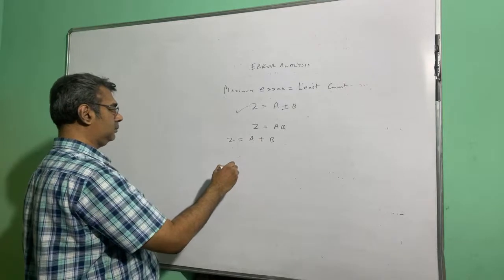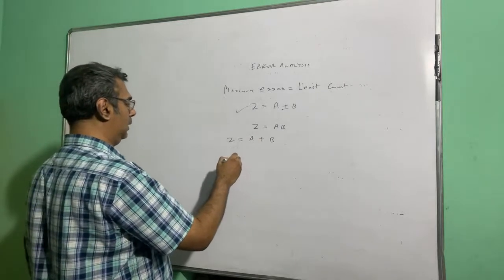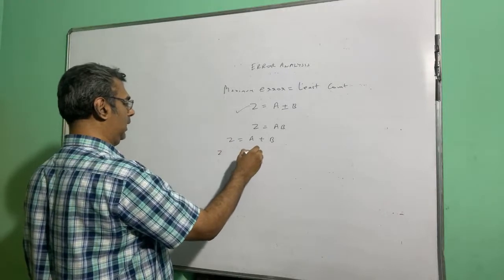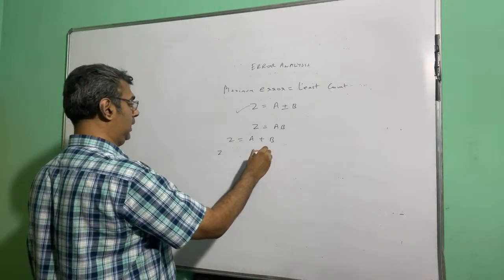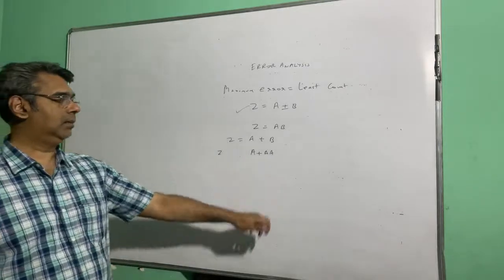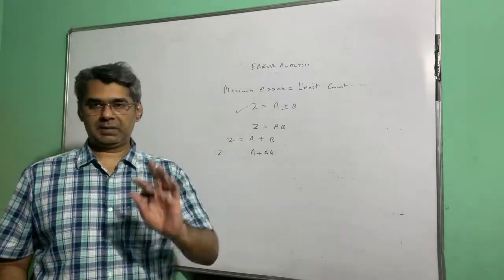So what has happened is that you have made an error in the measurement of A. So instead of A, you ended up getting A plus something.